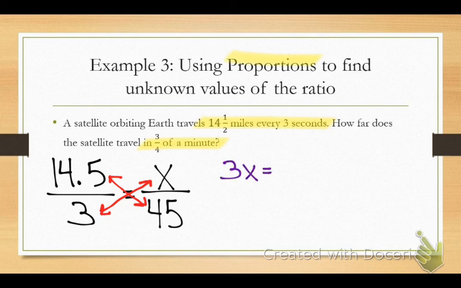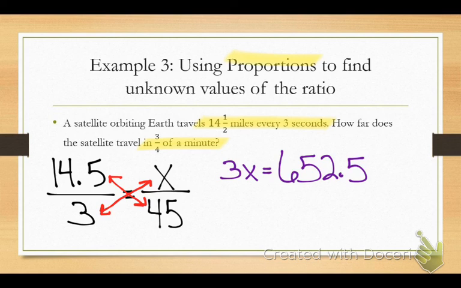You're probably going to need your calculators. What is 14.5 times 45? 652.5.